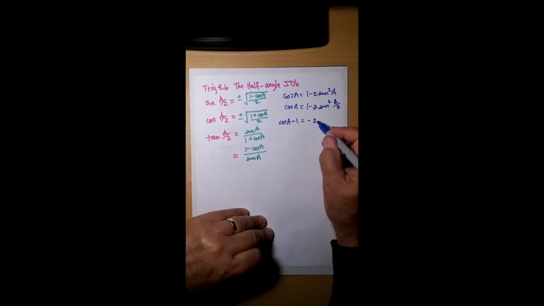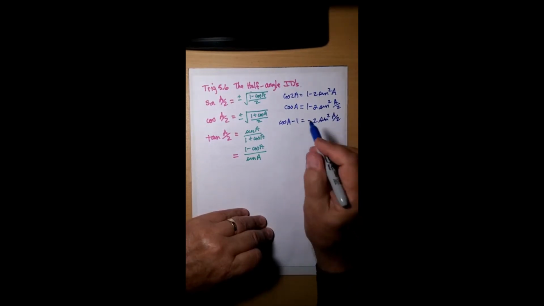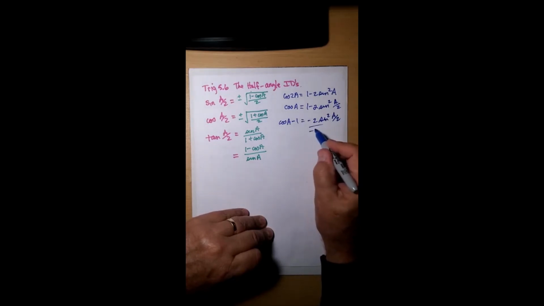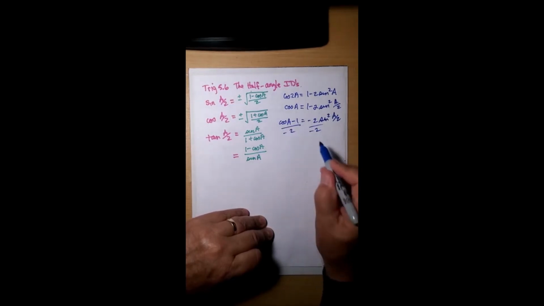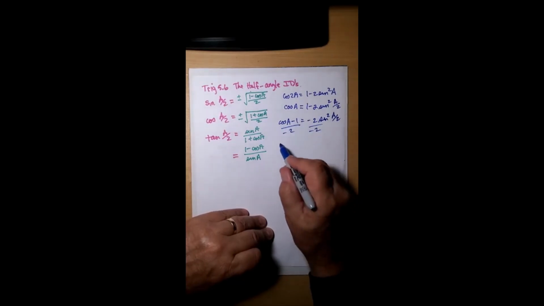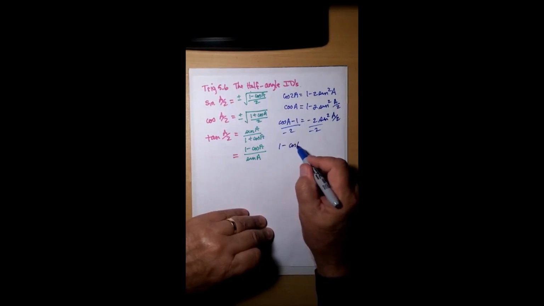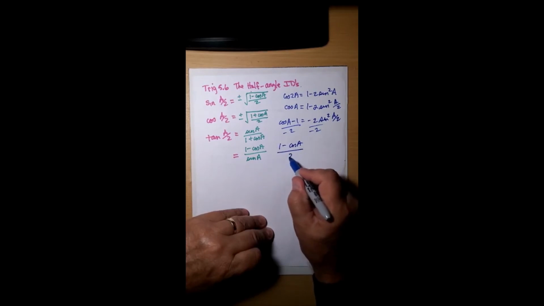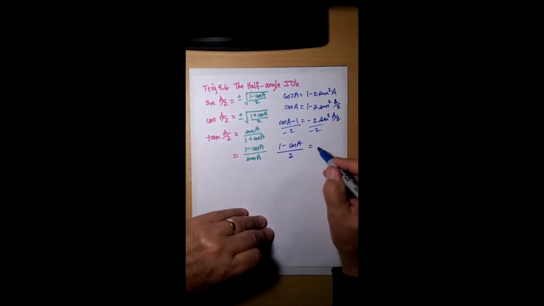That gives us a negative 2 sine squared A over 2. And then divide both sides by a negative 2. Well, if we divide by a negative, we're going to switch the signs here. So it's 1 minus cosine A, look familiar, over positive 2. And that is the sine squared A over 2.